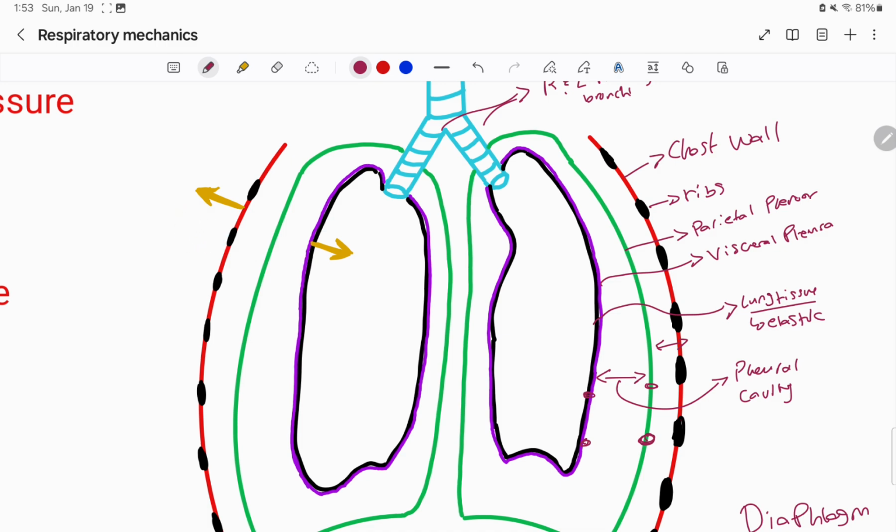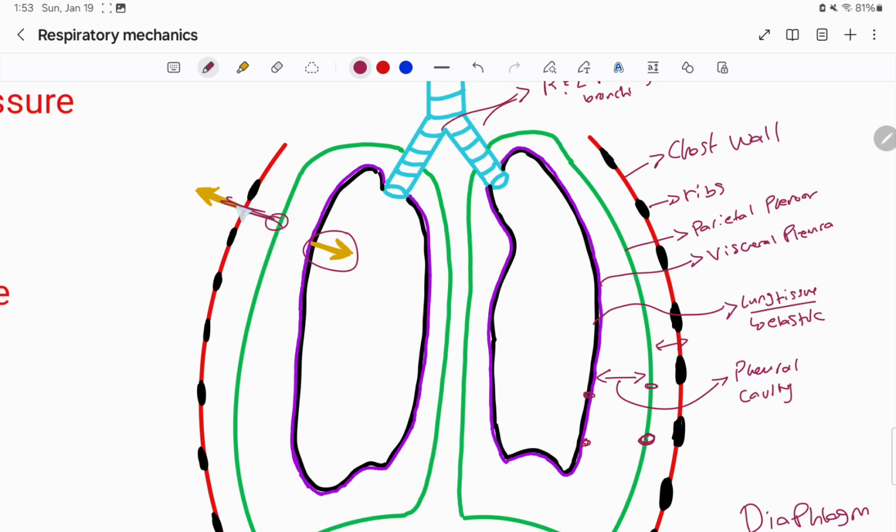So you can see how this is causing an issue here, okay? But really, this is important because the lung is attached to the visceral pleura. The chest wall is attached to the parietal pleura.